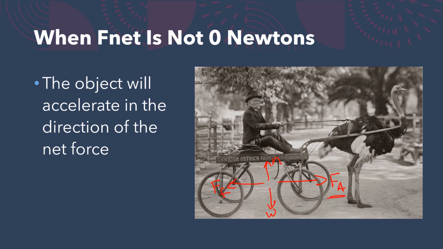But if F_A is greater than F_F, so let's draw it over here. So we have F_A and F_F. If the applied force is greater than the frictional force, well, F net's going to be in this direction. And that's going to cause the cart to gain speed and accelerate to the right. Okay? So if the applied force is greater than the frictional force, and we're trying to pull something along, it's going to start accelerating in that direction, right?